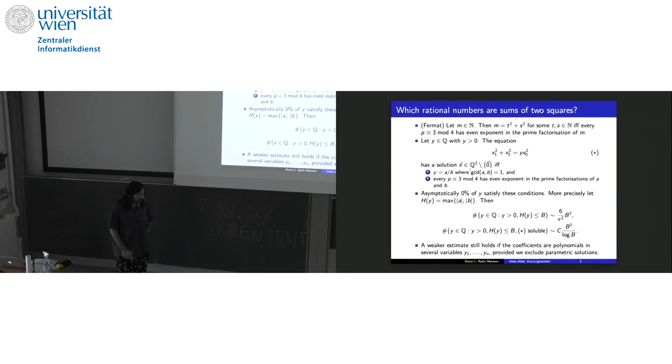And in particular, what this whole talk is basically going to be about is this fact here. So this is, most y's are not like this. So we count rational numbers up to a given height by using this naive height function.